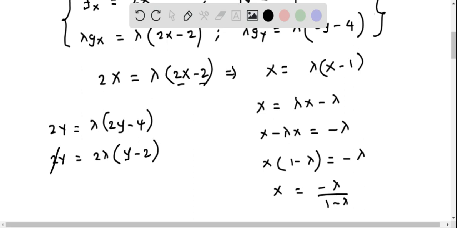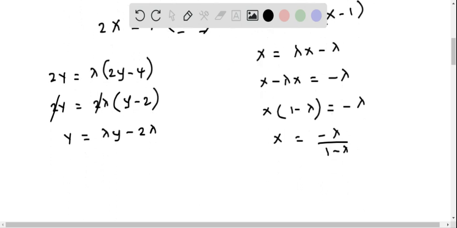We can divide both sides by 2, so the 2 cancels. So we get y equals lambda times (y minus 2). I distribute the lambda, so it becomes lambda y minus 2 lambda. I subtract lambda y from both sides, so I get y minus lambda y equals negative 2 lambda.